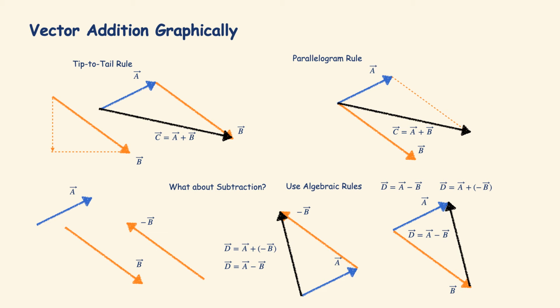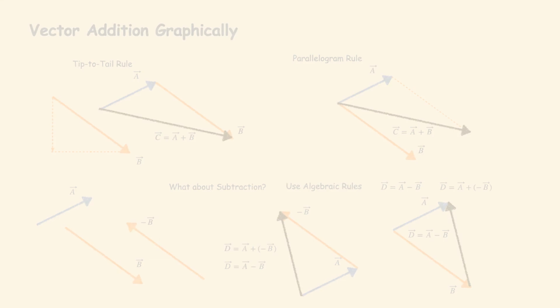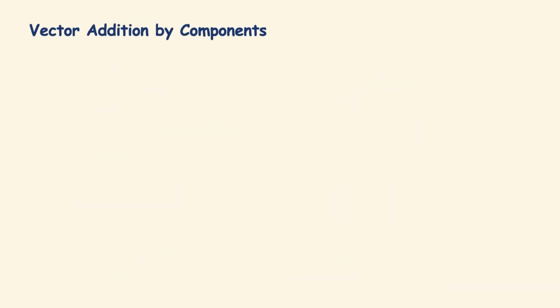The easiest way to add vectors when you're after a numeric solution and specific answers for the length of a particular vector and its direction is to do the vector addition by components. So let's go back here to our vector A, and let's imagine someone has already figured out the components of that vector A. Presumably, we already knew the magnitude and the direction, so we have calculated the components Ax and Ay.